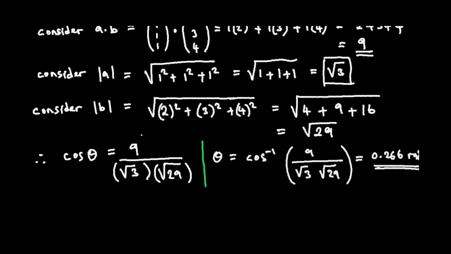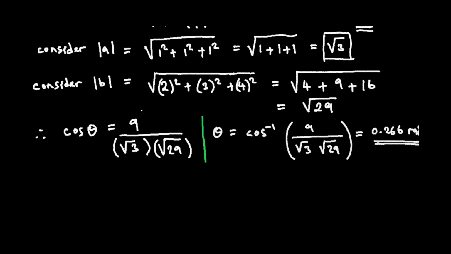What if they specify that our answer should be in degrees? The working is the same. Here we simply go and say theta is equal to the arc cos of 9 over root 3 root 29, then make sure this time our calculator is in degrees.